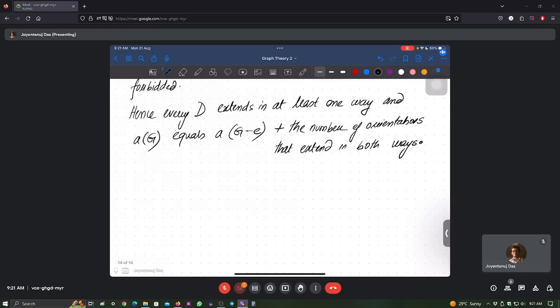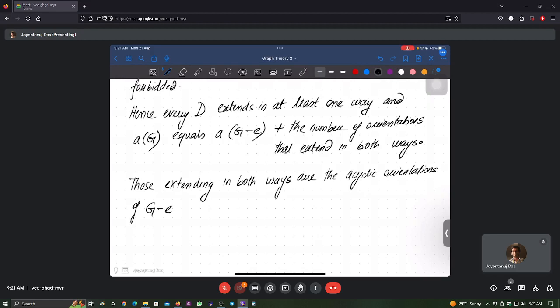So those which are extended in both ways are the acyclic orientations of G minus E with no UV path and no VU path.